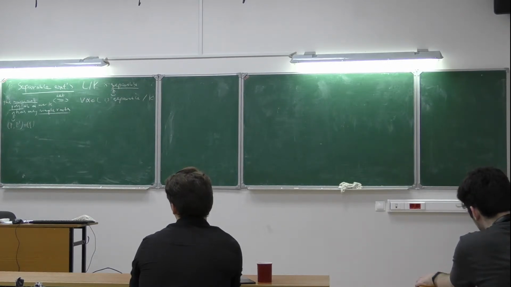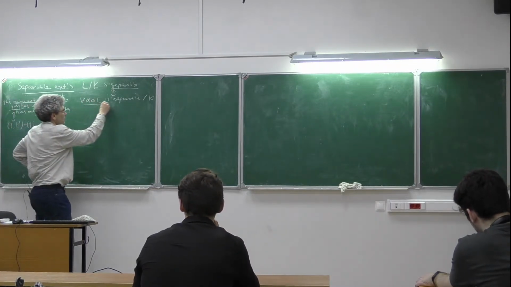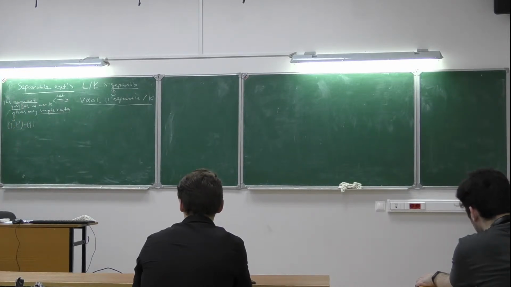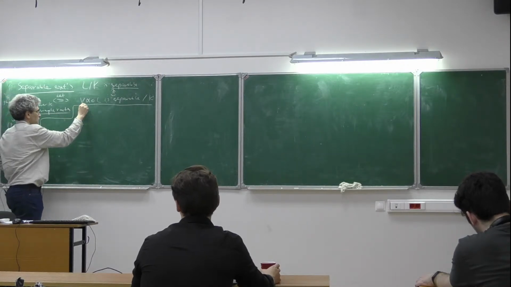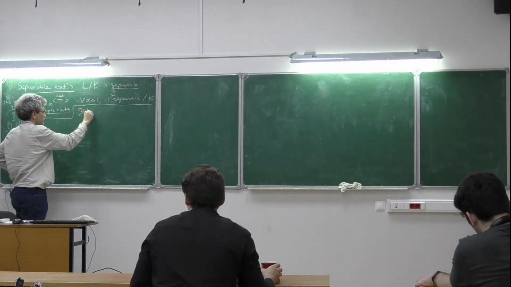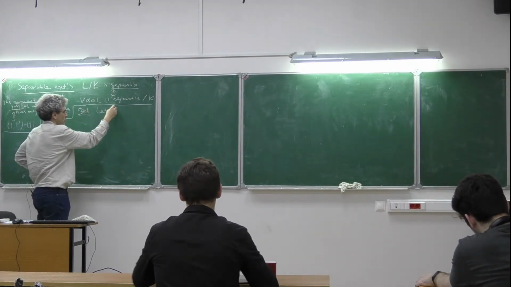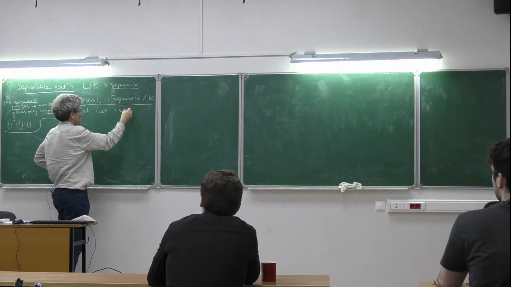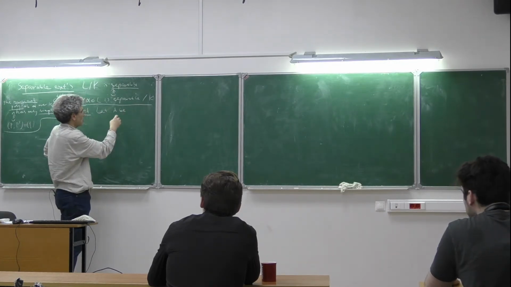And this suggests that there is another definition of separability in terms of derivations. So let me recall what a derivation is. We consider some commutative ring, with unit, with identity element.